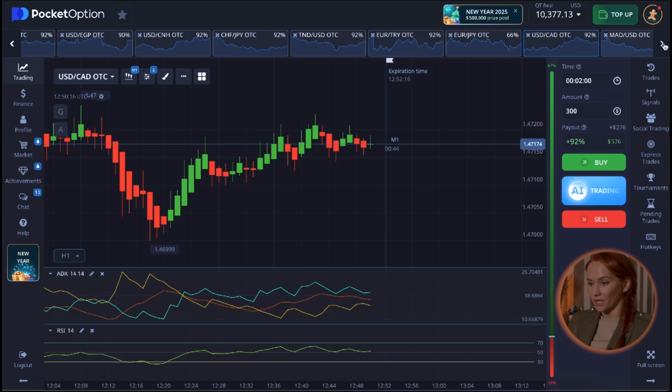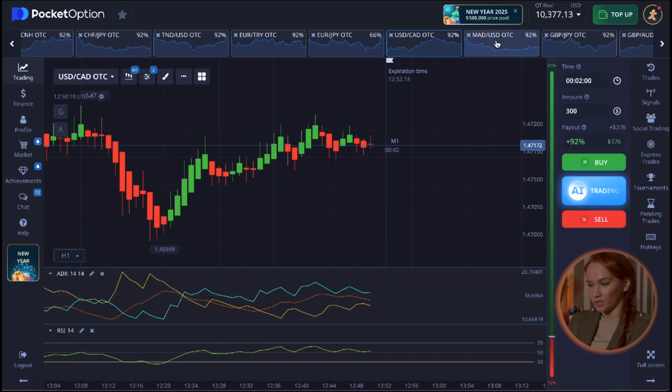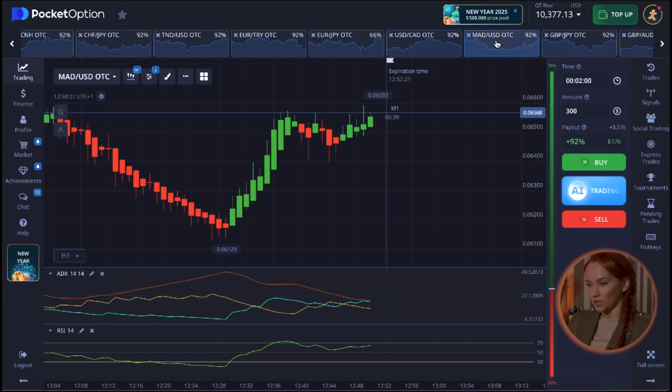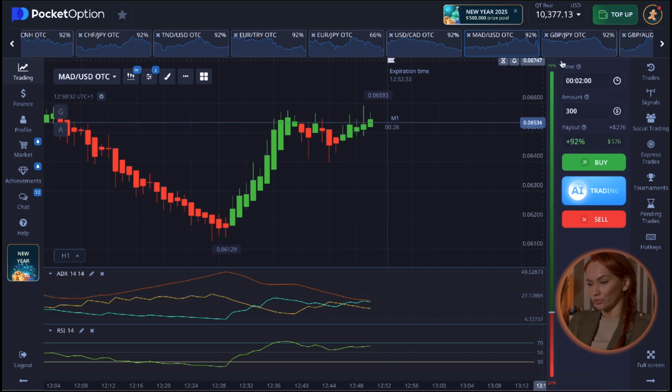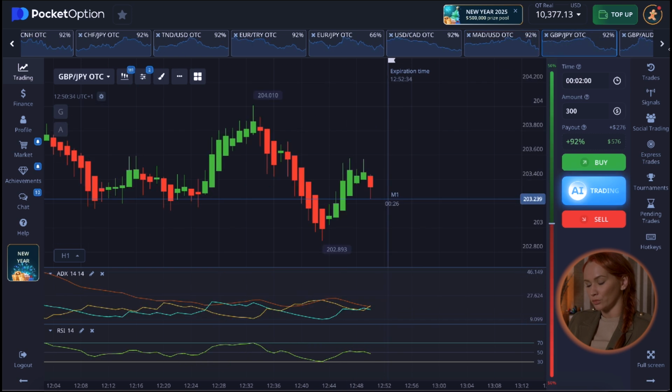Here we have a sideways movement, a flat to be exact, which is not right for us. Here we see the ADX line going down, almost approaching 25. Most likely it will go even lower.